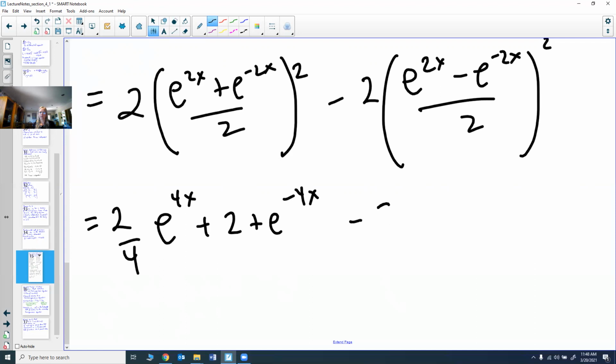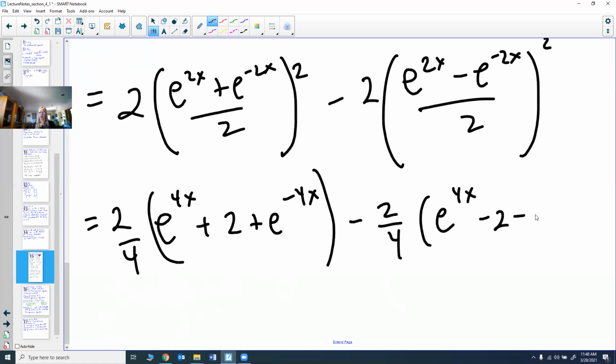And then minus 2 over 4 times e to the 4x minus 2 plus e to the minus 4x, when you square those out.